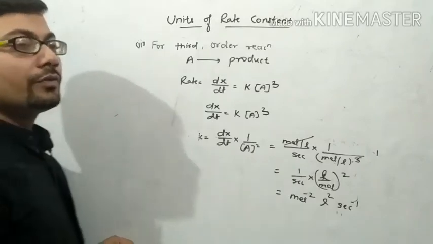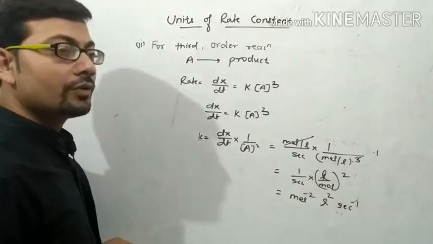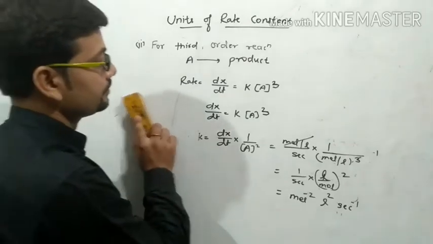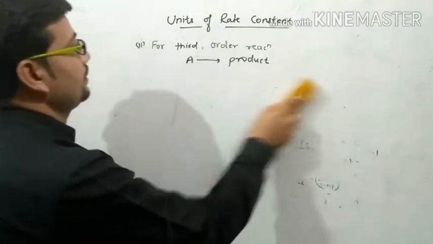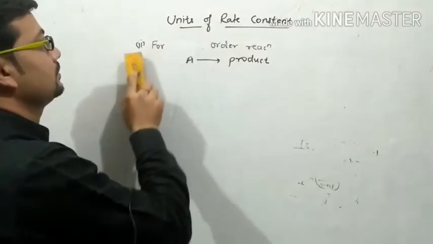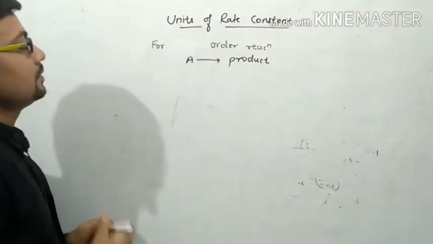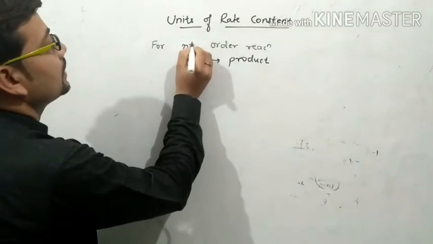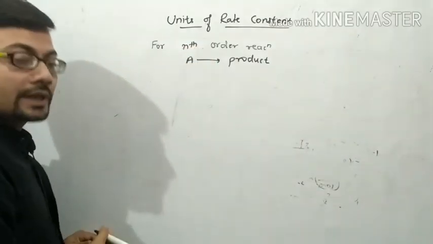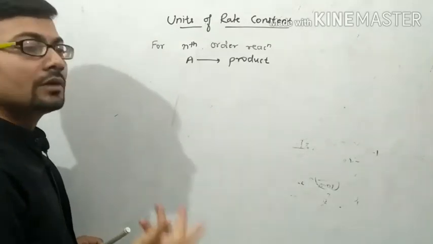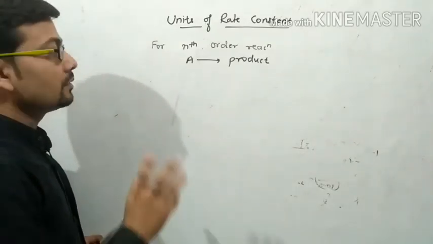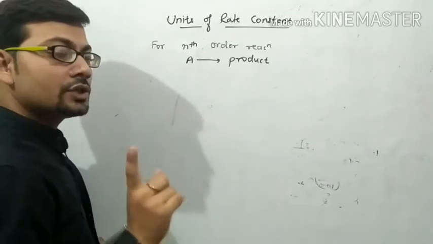If we consider a general reaction, for nth order reaction, that is second, third, fourth, to find the rate constant of any order of reaction, I provide a general rate.